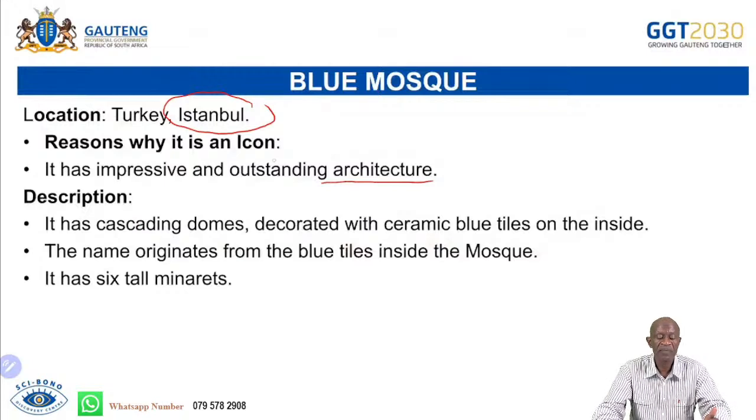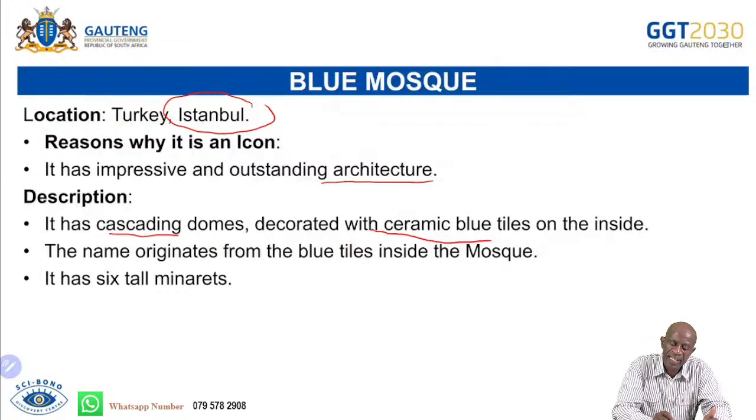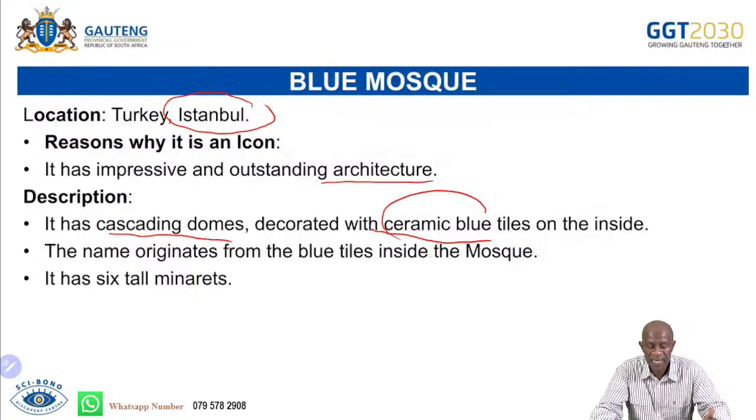The description, it has a cascading dome decorated with ceramic blue tiles on the inside. So these are the key features that we look for, the cascading dome, and it is decorated with ceramic blue tiles. The name originates from the blue tiles inside the mosque.